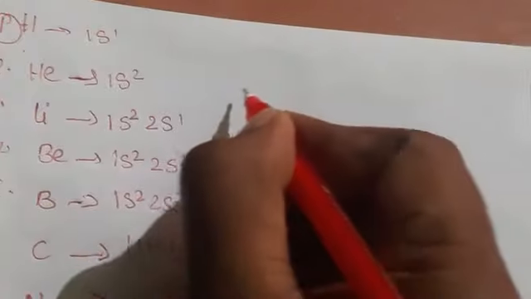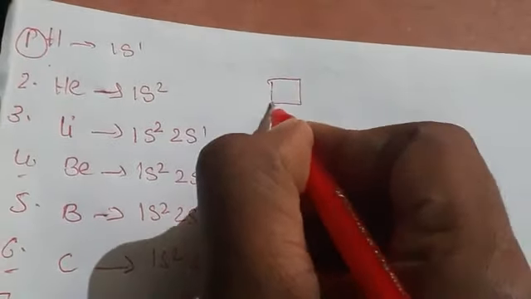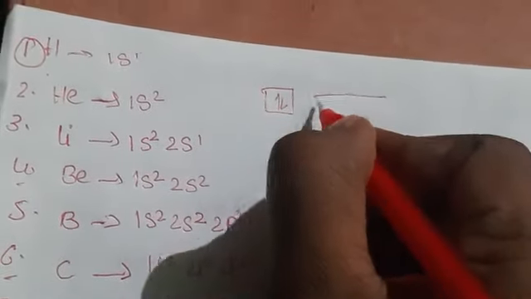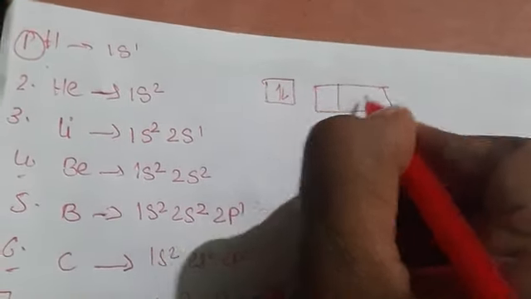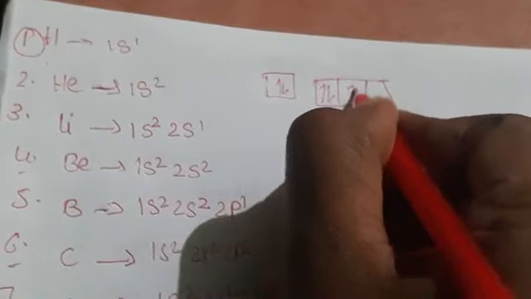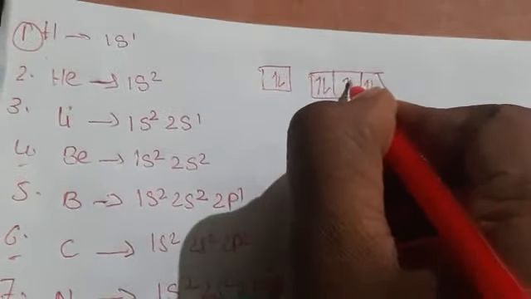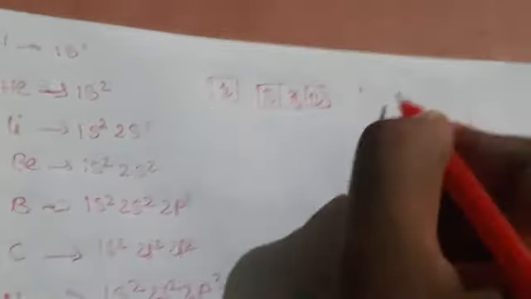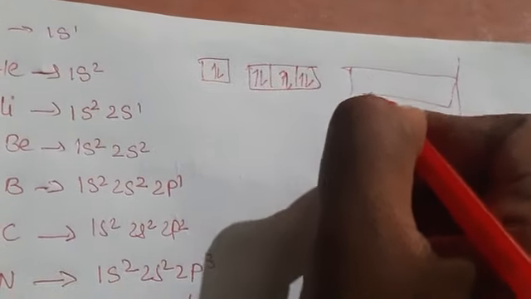So if you have observed here, the s block consists of 2 electrons, and p contains 3 orbitals, that is 6 electrons. And coming to the d block, we have 10 elements.